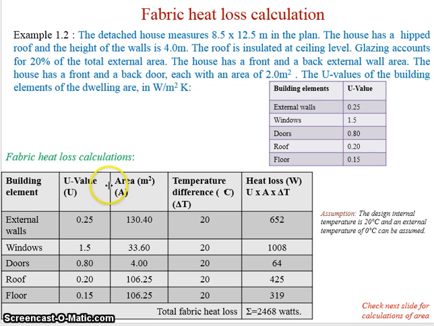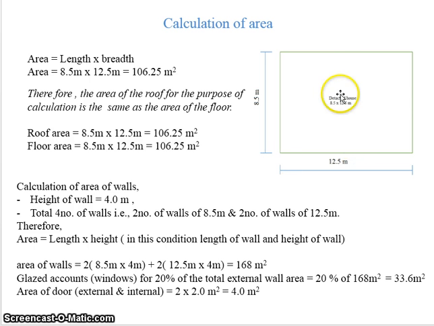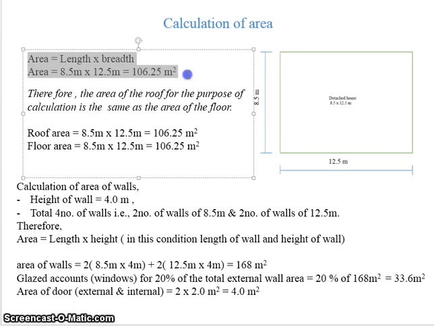Before you go to this calculation, there are calculations of areas provided in the next slide. Imagine that your room is like this, 8.5 multiplied by 12.5 meters. So 8.5 width and 12.5 meter length. You can find area is equal to length into breadth.